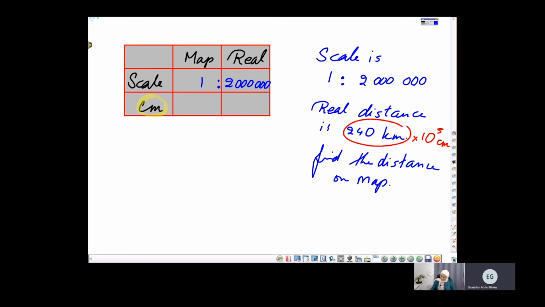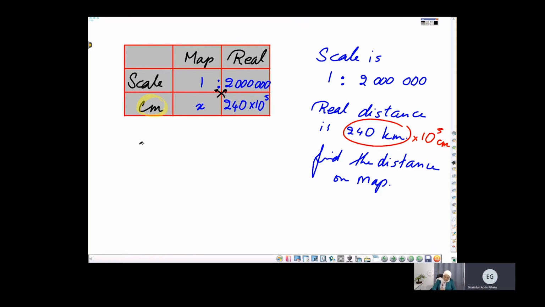So the distance in reality is 240. No need to write 5 zeros; it's enough to write multiply by 10 to the power of 5. Now it's converted to centimeter. And now the map distance, I'll write it as x. And then we make cross multiplication. It is just a ratio. So simple, so easy.